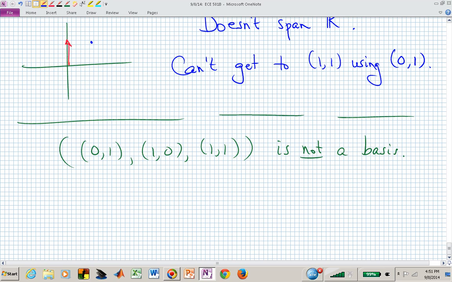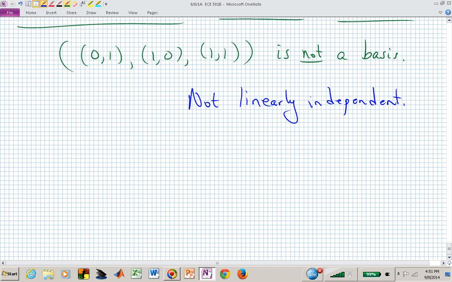There's some dependencies among those vectors. So this set is not linearly independent. If we sketched those, we would have that vector, we would have that vector, and we would also have that vector.